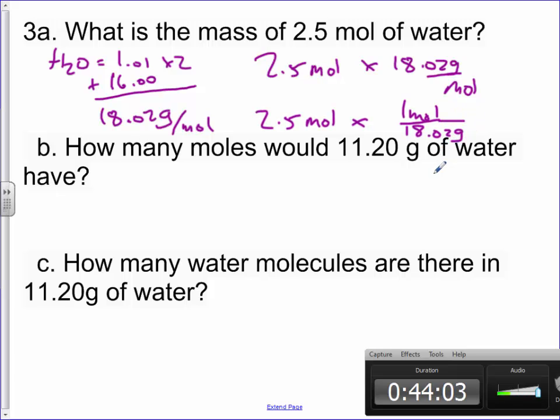Which one is going to cause a unit to cancel? Top or bottom? The top. Because if you can see the way the top works, imagine that you extended the fraction all the way across. See how there's moles on the top right here and the bottom right here? They cancel. So all we have to do now is take 2.5 and times it by 18.02, and that's our answer.